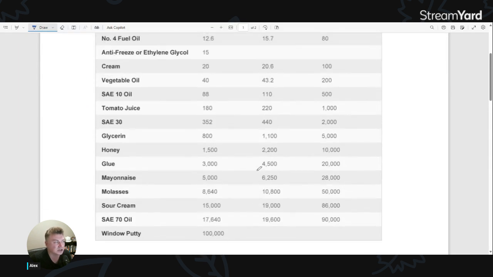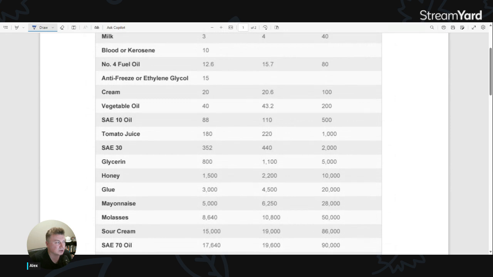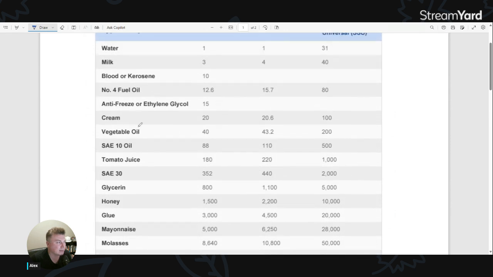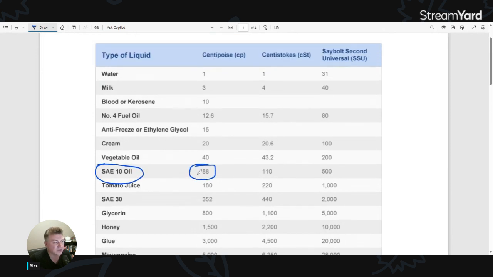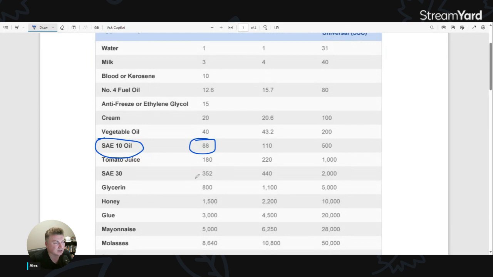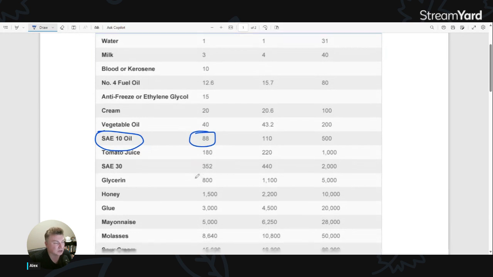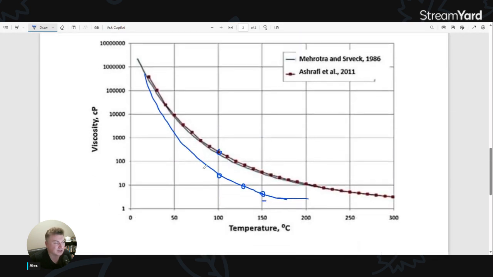So essentially, just think about, if you were to inject something like, in this case, I don't know what's close to oil, SAE10 oil, I guess that's 88 centipoise. If that was applicable and soluble, then the mixture of the two will be able to reduce that viscosity further. And I will be talking more about light hydrocarbons, like propanes and such, that are able to do that.